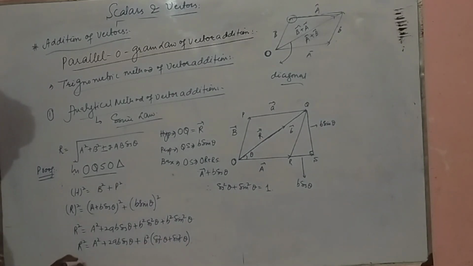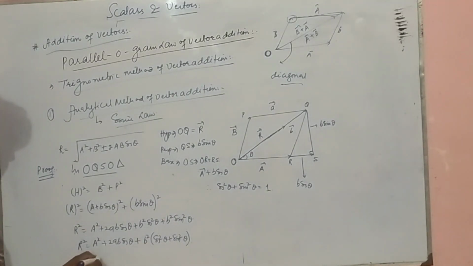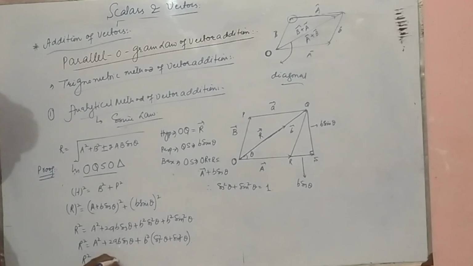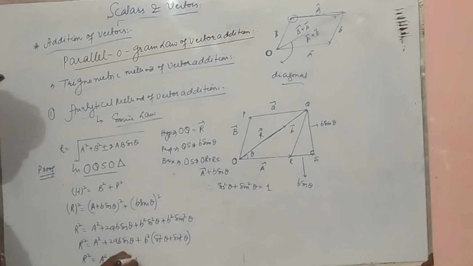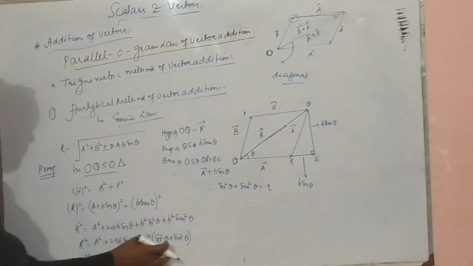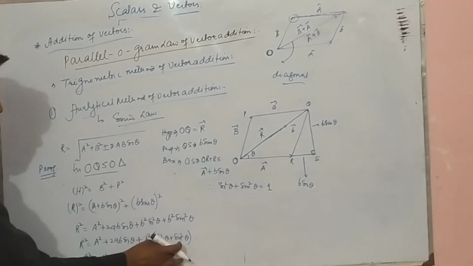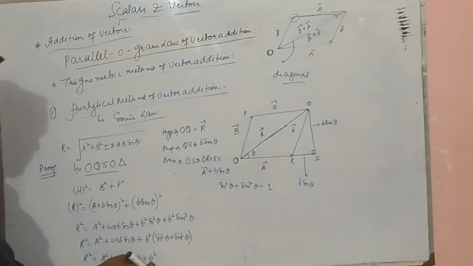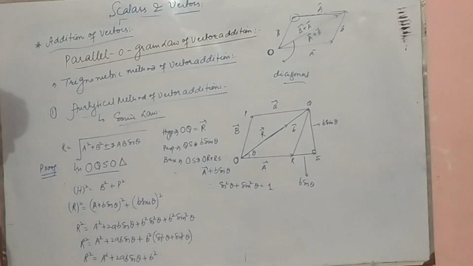So this will equal 1. R square will be equal to a square plus 2ab cos theta plus b square. If we place 1 at this place, it will be multiplied with b square and remain the same.